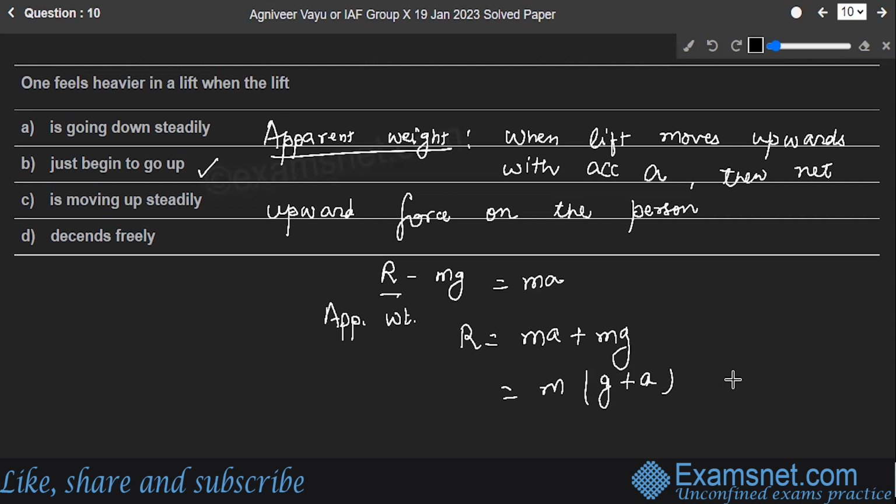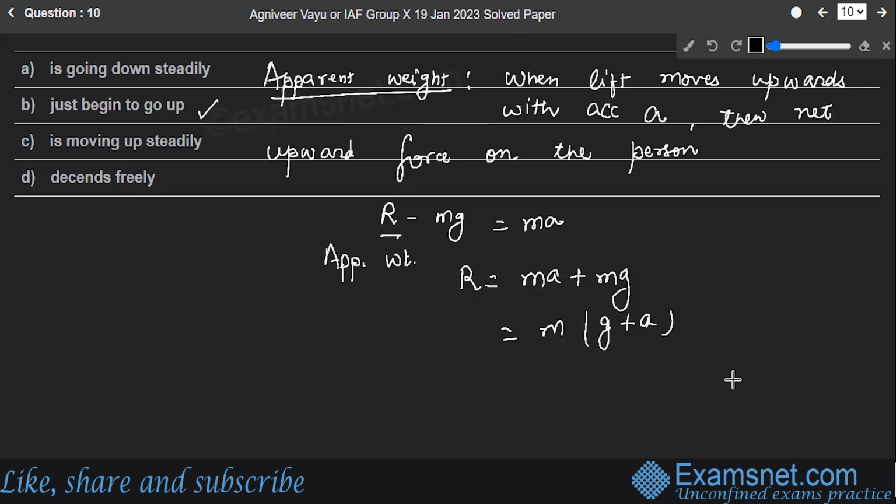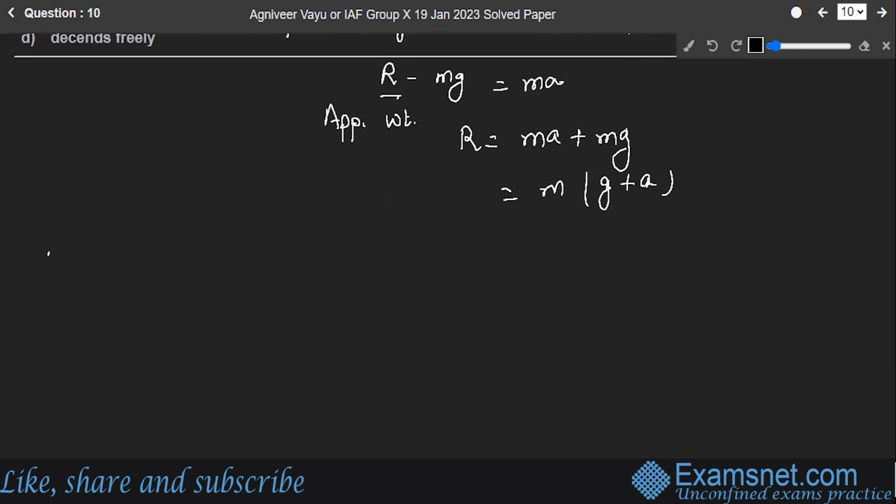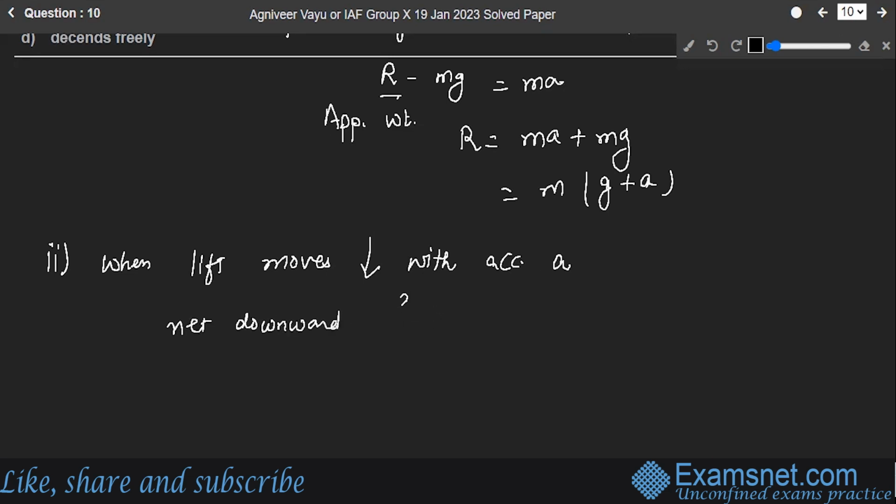Now second, when the lift moves downwards with acceleration a, the net downward force on that person is given by mg minus R is equal to ma, where the variables have the same meaning. m is mass, R is your apparent weight.